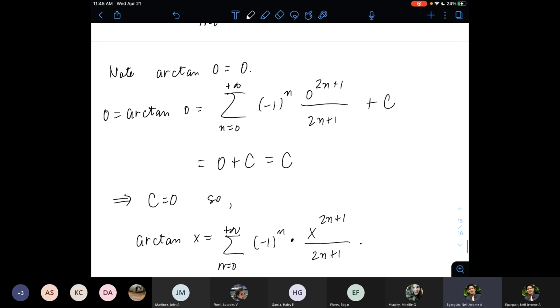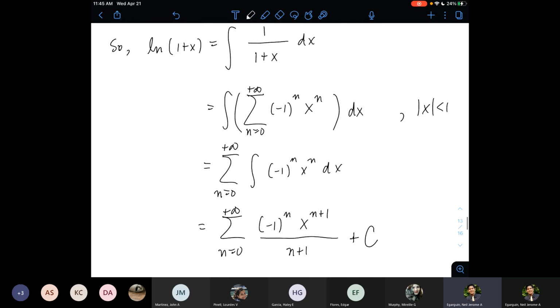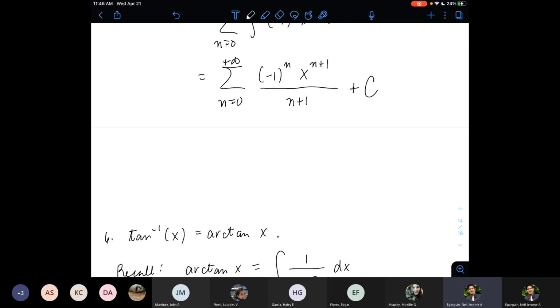Now, I forgot that step for problem 5, right? But here I can also plug in 0. I always choose x to be equal to 0 so that this will just be 0 to the power n plus 1. So you'll be adding up a bunch of zeros and they will just simplify to 0. But here, luckily, when x is 0, we'll have ln of 1 plus x, which is ln of 1, which is 0.